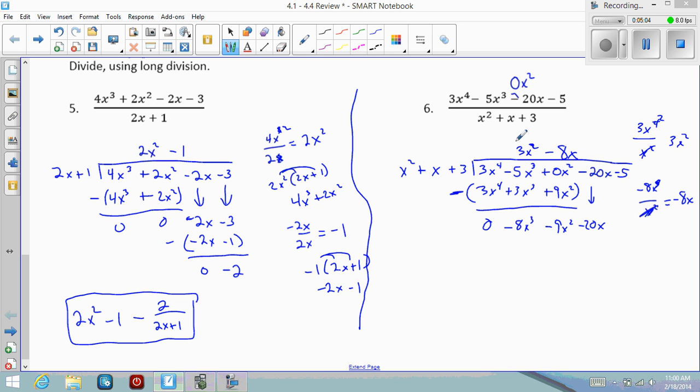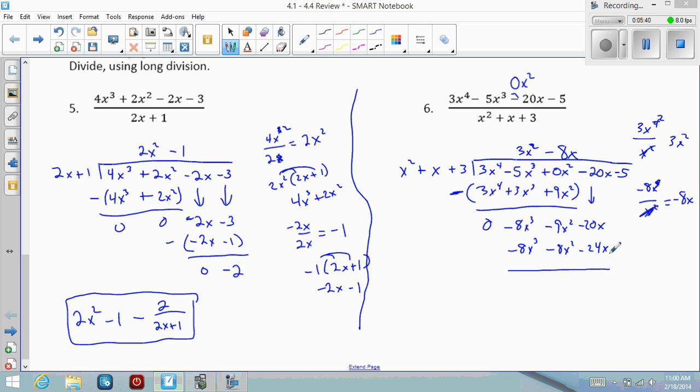You distribute, you're going to get negative 8x cubed. Negative 8x times x is negative 8x squared. Negative 8x times 3 is negative 24x. And I just noticed I had that wrong on the solutions paper. I put minus 27 for some reason.